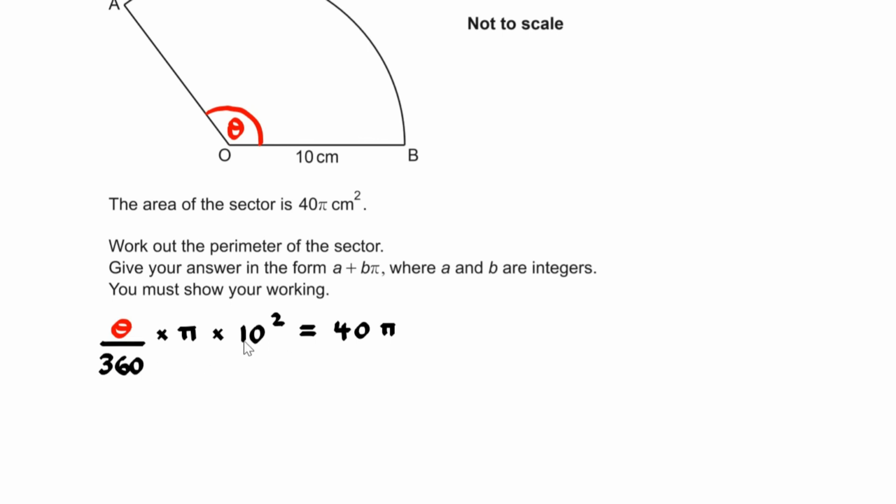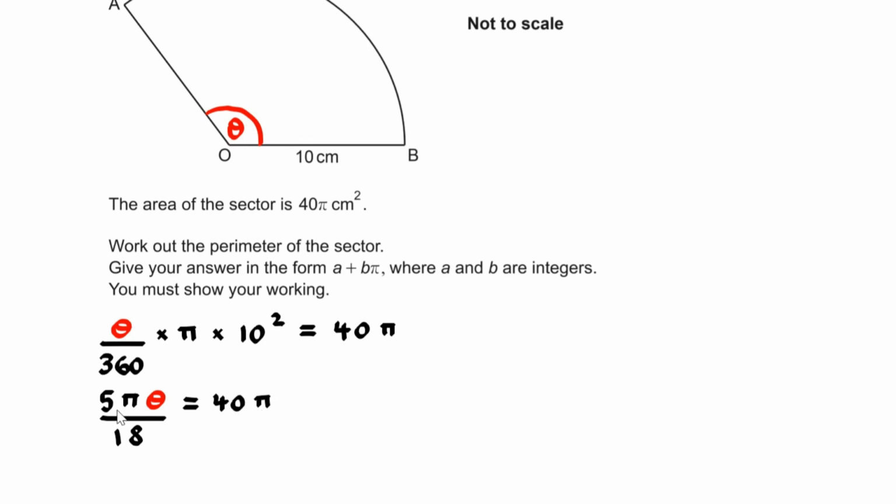So let's see what we have. We have 100 over 360, which is 5 over 18. So we have 5 pi times theta over 18 equals 40 pi.